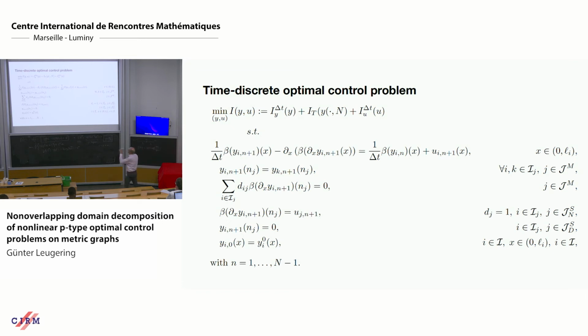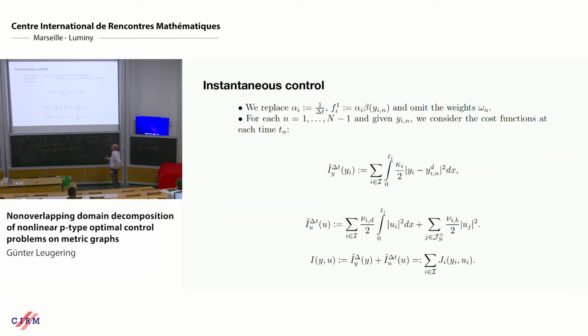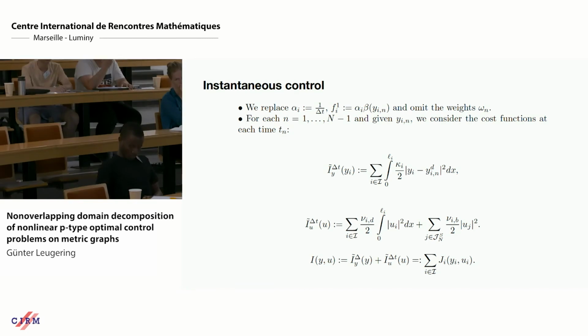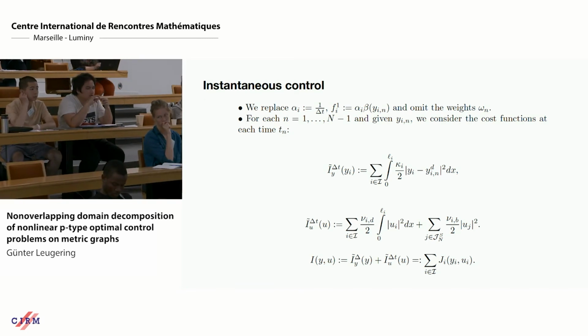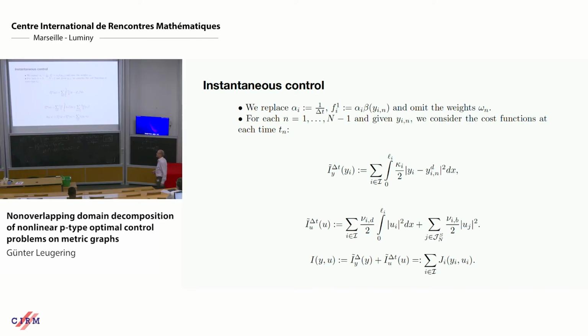Okay, so this is a discrete time optimal control problem. And with hindsight to Stefan, he knows well the instantaneous control that our friend Michael Hinze did a lot, right? I do this because the difficulty here is, even if you do time discretization, the discretization of the integral is always a sum over all time indices, and therefore it couples all the time steps.